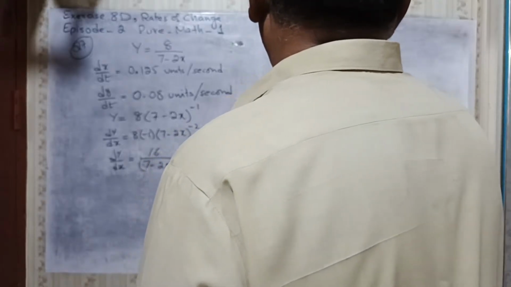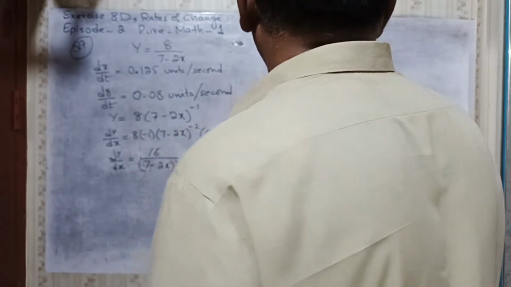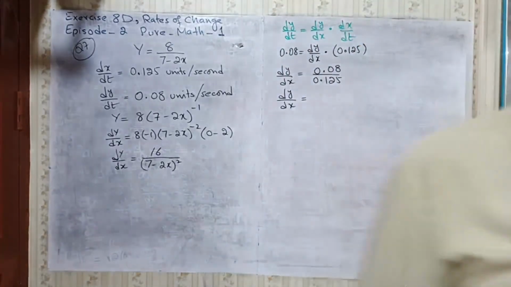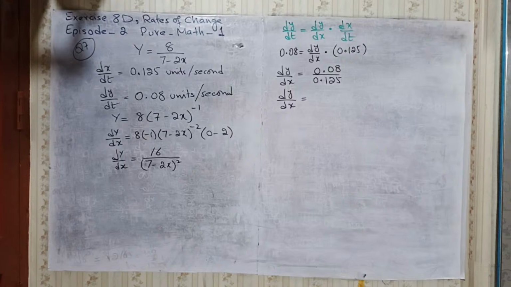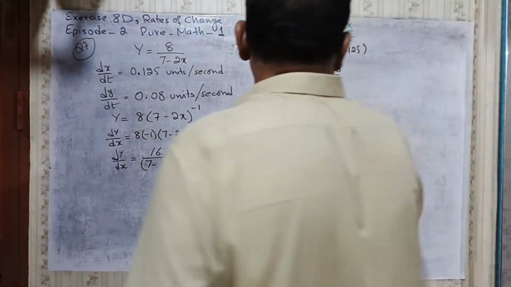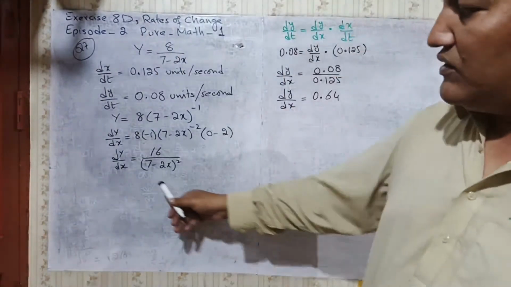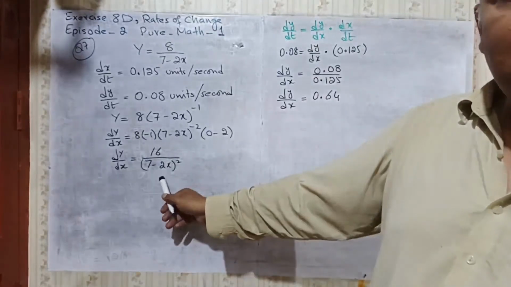So what we will do, we will use calculator and we will try to find out the value. Okay, it's 0.08 divided by 0.125, and that is 0.64. So this value is 0.64.